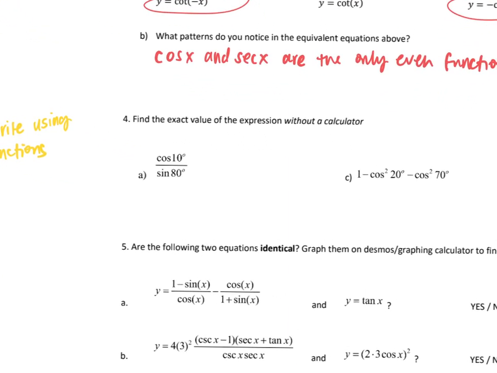I'm going to use that strategy. And cosine of 10 and sine of 80 can be written as cosine of 90 minus 80, which actually ends up being 10. Actually, I'll write this out.